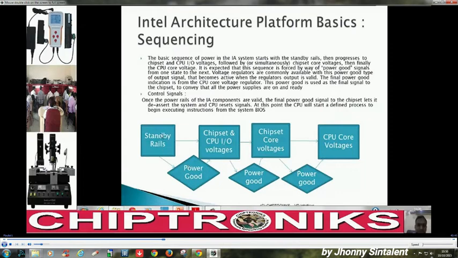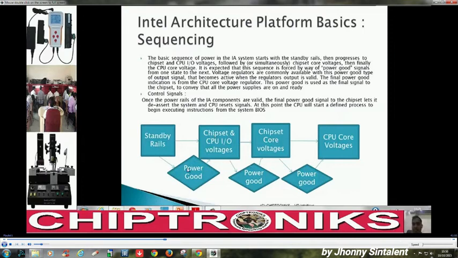That is, first standby power rails are generated, and then through a power good signal, chipset and CPU input output voltages are generated. When we are going to discuss the individual ICH9 or Intel Series 5 chipset, Series 6 chipset, we'll see all of these signals.